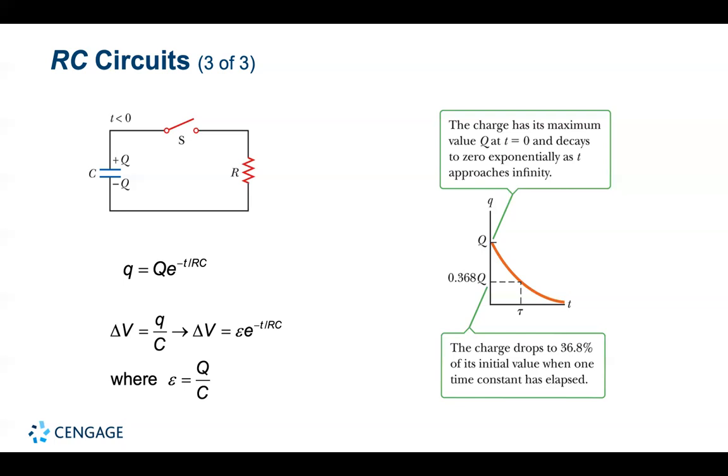Because delta V equals Q over C, the voltage across the capacitor also decreases exponentially with time according to the equation shown here, where epsilon is the initial voltage across the fully charged capacitor.